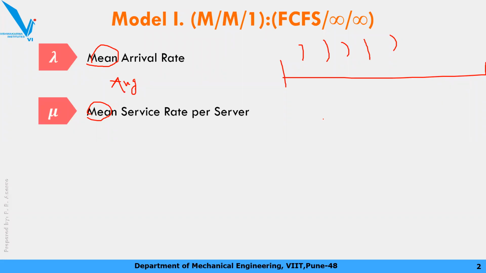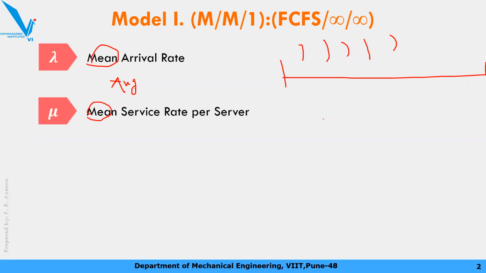So it's a kind of average arrival rate, that is, on an average how many customers come in an hour. Yes, in the morning session there might be more customers, in the afternoon session there might be fewer customers, but for the calculation purpose, this random situation we try to reduce by calculating an average arrival rate.